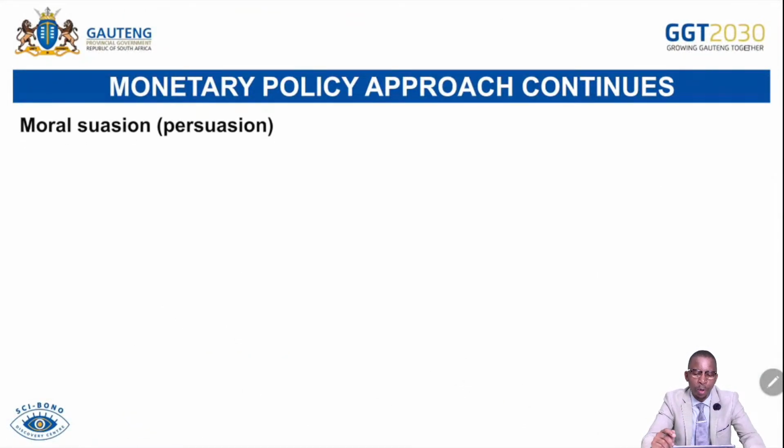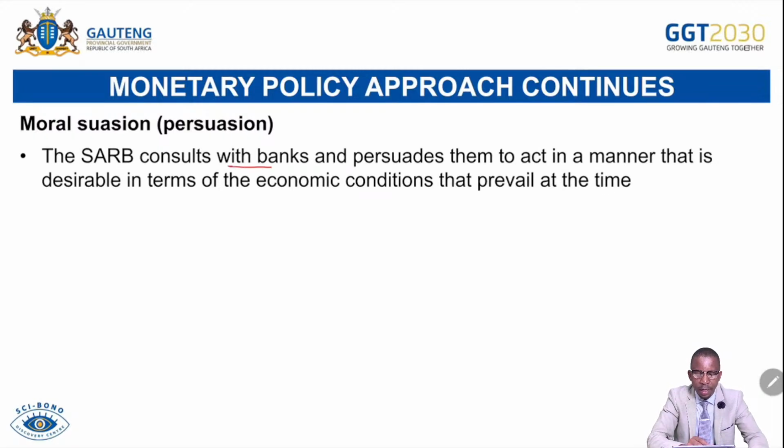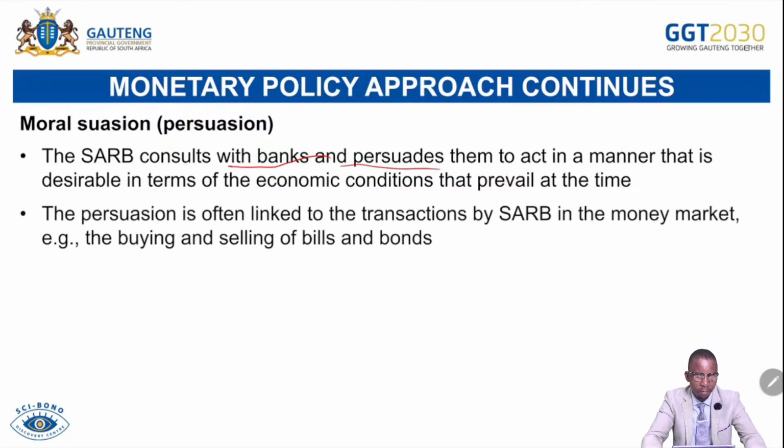Moral suasion or moral persuasion. The South African Reserve Bank consults with banks to persuade them to act in a manner that is highly desirable based on economic conditions. If the economy is faced with lower economic growth and high inflation, then the Reserve Bank can intervene by persuading commercial banks to behave in a manner that is acceptable based on the current economic conditions.